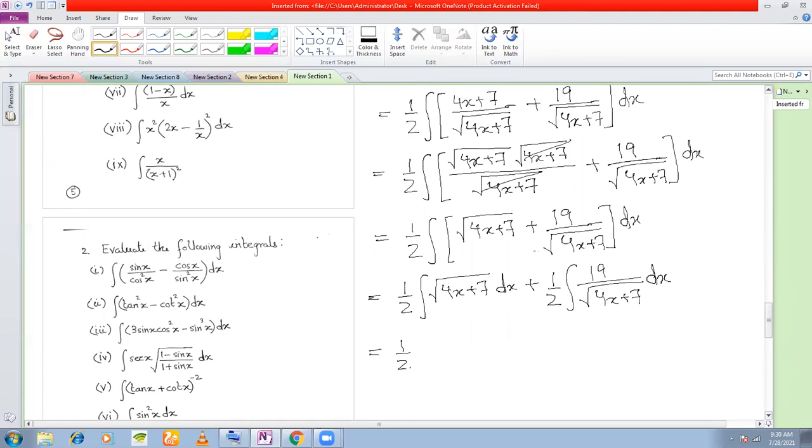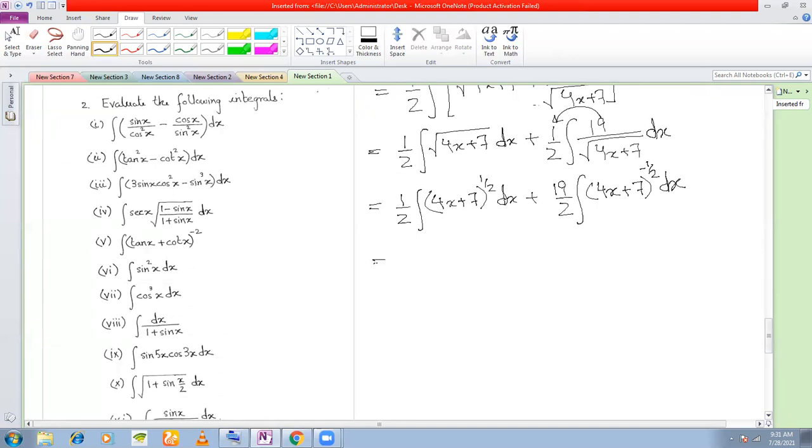So you can now write this as half integral root 4x plus 7 written as (4x plus 7) to the power of half dx, plus 19 you can take out of the integration. So you'll get 19 into half as 19 by 2 integral, and after taking out 19 you are left with 1 by root 4x plus 7, which you can write as (4x plus 7) to the power of minus half dx, right? So this is half.